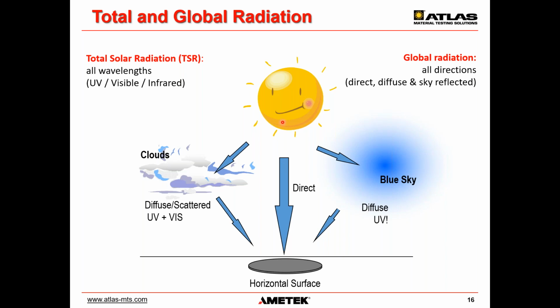Because, as mentioned, we have the atmosphere in between the sun and the surface, and the atmosphere is acting like a filter, so some parts are filtered out, some parts are reflected, but also some parts of the light are scattered. And there are different types of scattering.